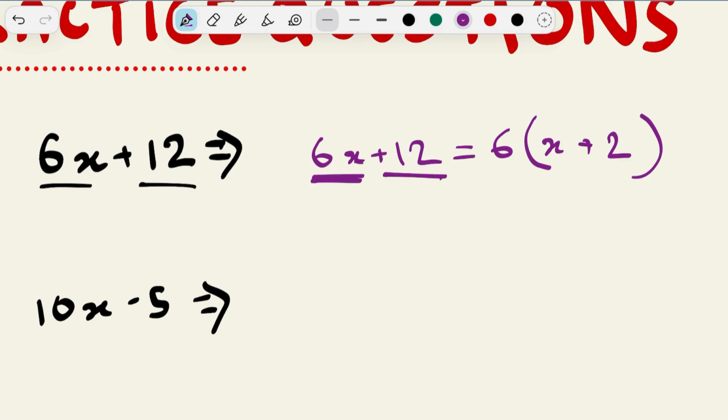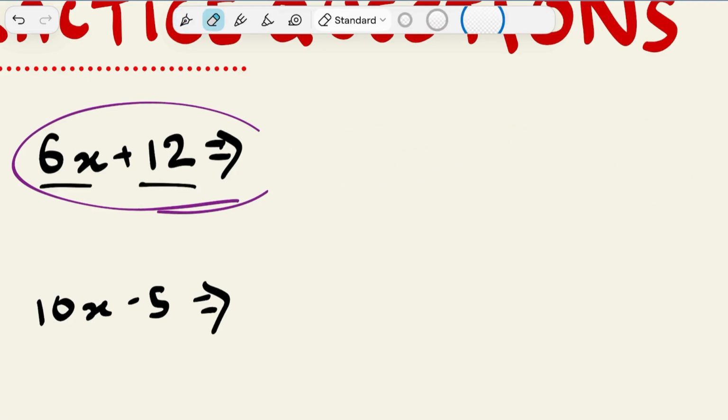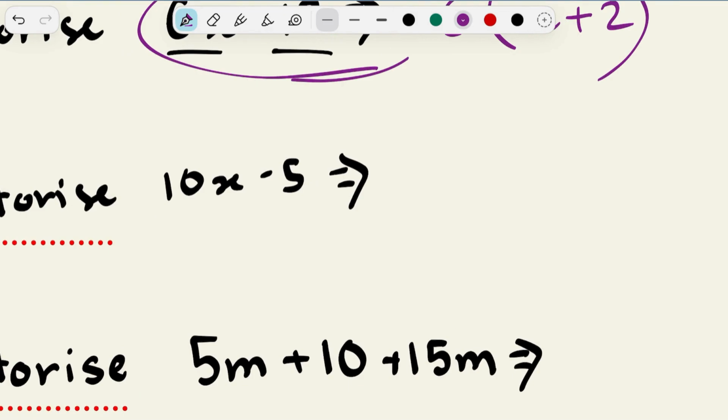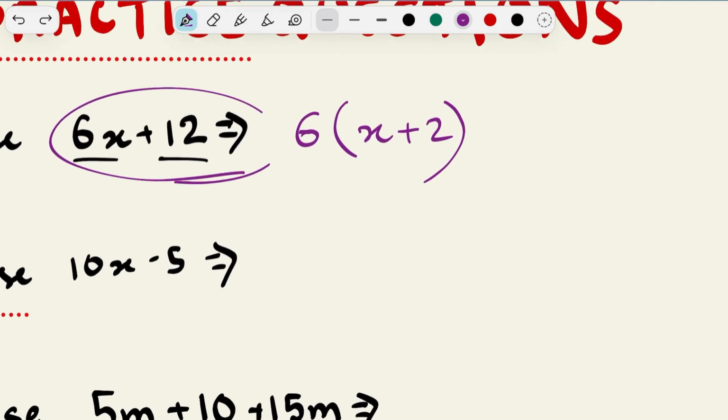So that's why the factorized version of this is going to be 6(x plus 2).